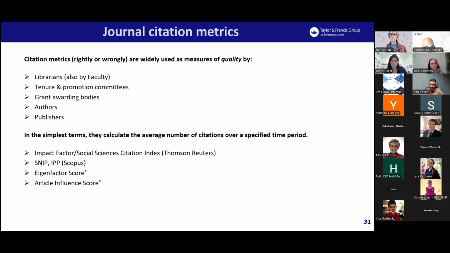Yes, but I want to comment on this, because if you do research in a niche area, you will never get a lot of citations because there are not a lot of researchers in this area.